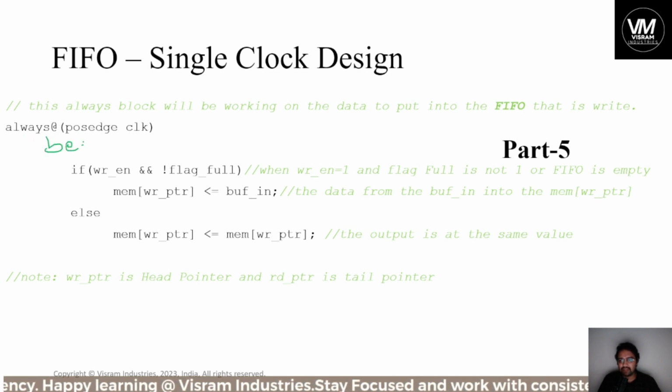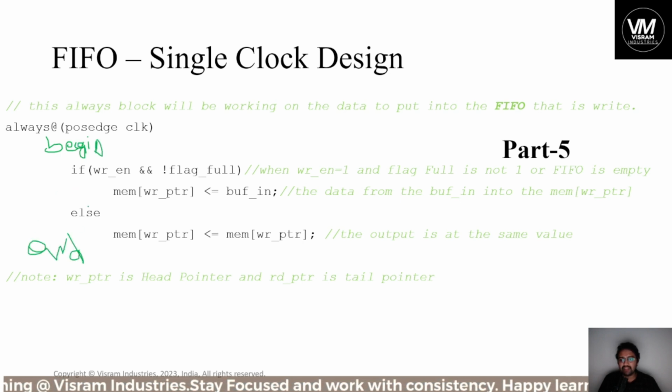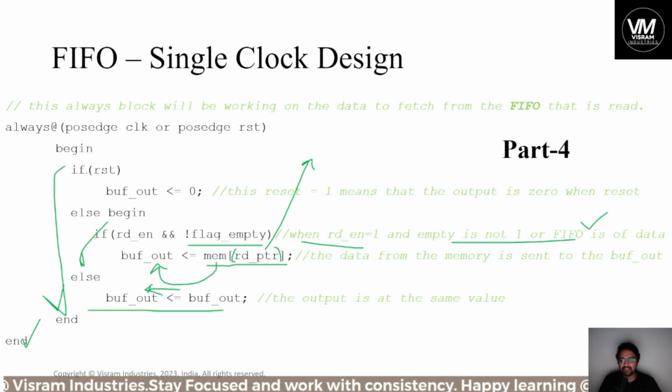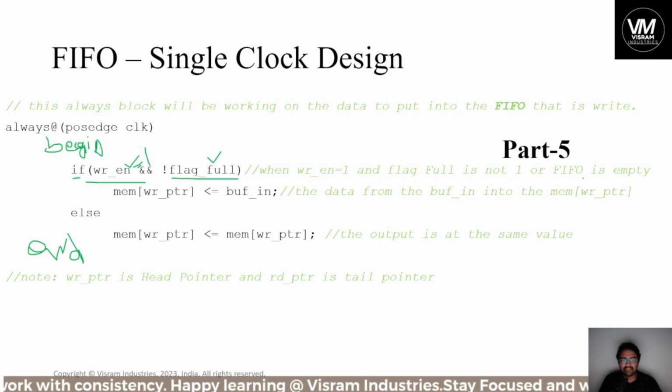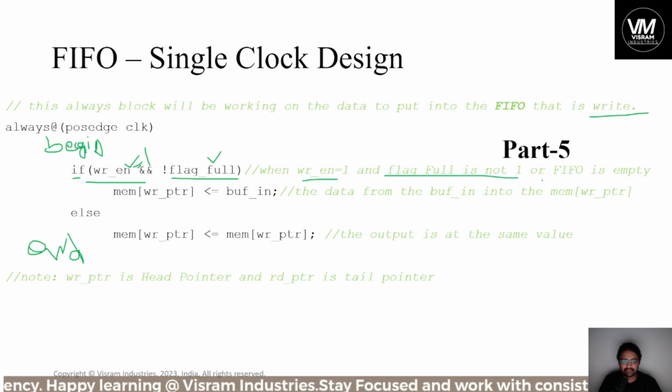You can write always begin and end, and begin and end in the if. If write enable and not flag full, the entire RAM is not full. For that, write enable is equal to 1, the process is writing, and flag full is not 1.